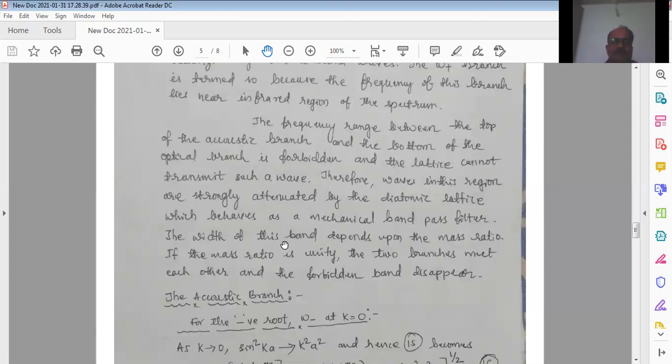The width of this band depends upon the mass ratio. If the mass ratio is unity, the two branches meet each other and the forbidden band disappears. This case we are going to study in the next sections.